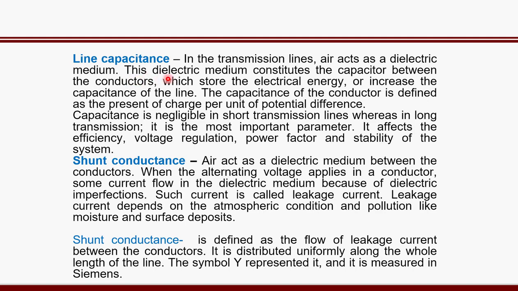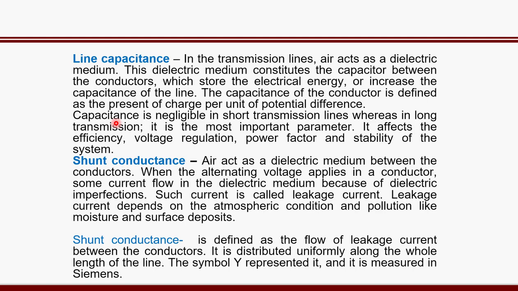Line capacitance is the second parameter. Air acts as a dielectric medium in the case of a two wire conductor. This dielectric medium constitutes a capacitor between the two conductors, because a capacitor means just two conductors running parallel, with a dielectric medium in between them.